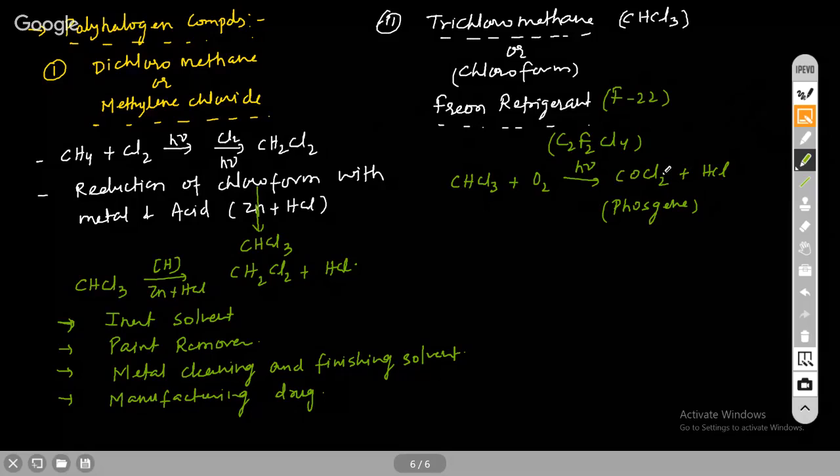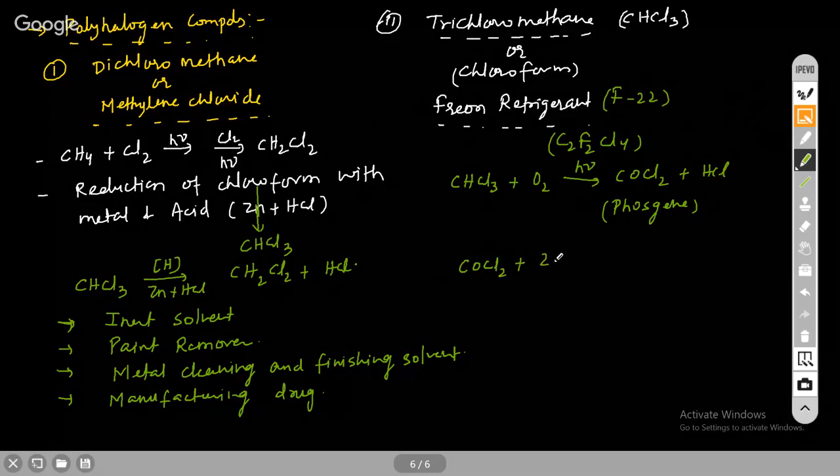One more point to write down. When phosgene reacts with ethanol, it converts into diethyl carbonate, which is harmless.